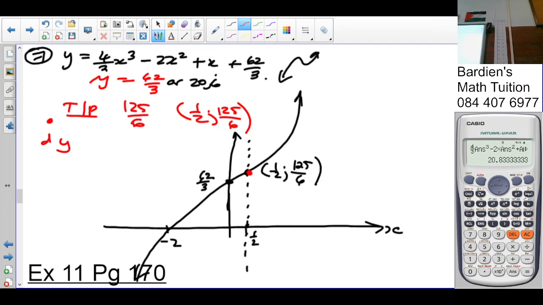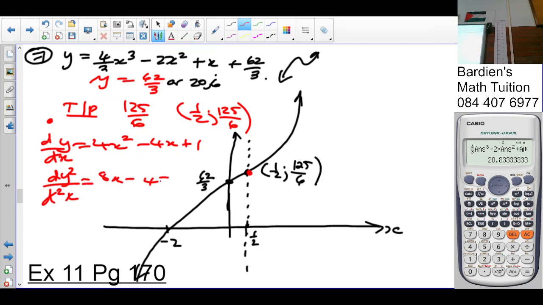The first derivative was 4x squared minus 4x plus 1. And your second derivative is going to be 8x minus 4. Can you see that? If I set that equal to 0, it's going to be 8x equal to 4, divided by 8. Can you see that, people? So that is your second derivative.